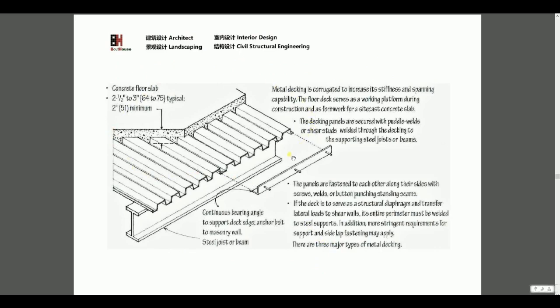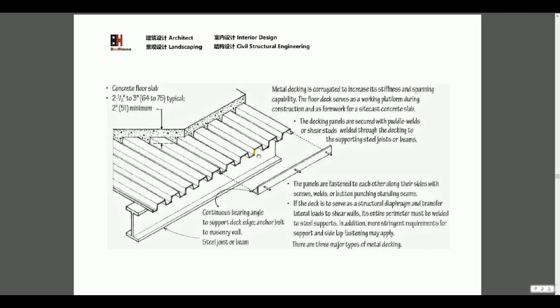The steel floor systems, we just use the metal decking. The metal decking has two kinds of functions. One is to support the concrete, to make pouring the concrete easy.